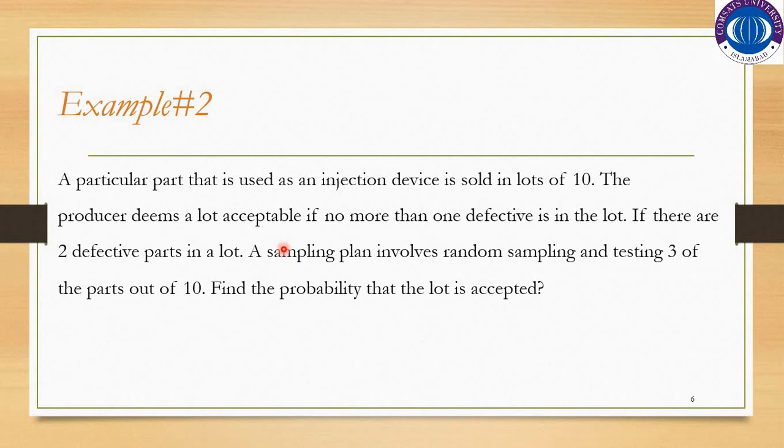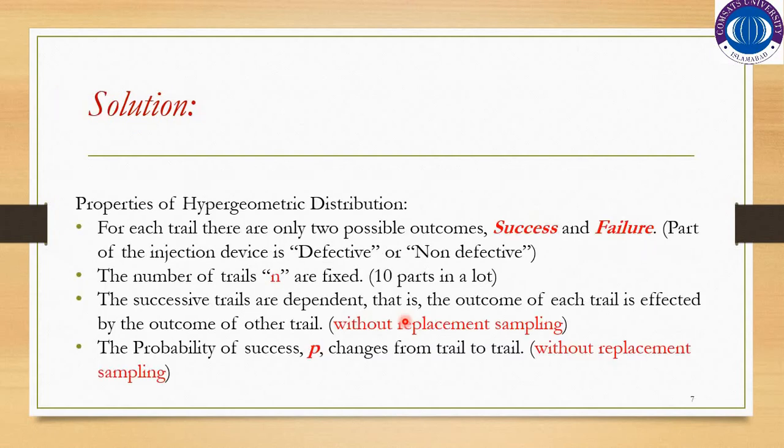He will accept the lot only if there is no defective in the lot or there is only 1 defective in the lot. So as you can see here, there are 2 defective parts in a lot. So he is going to test 3 parts out of 10. Find the probability that the lot is accepted.